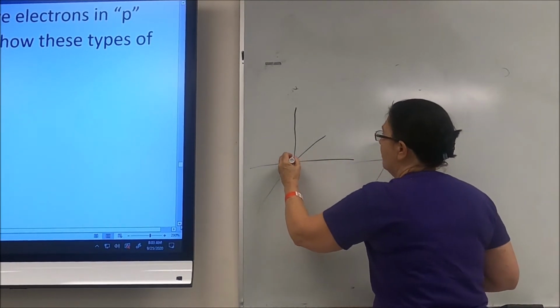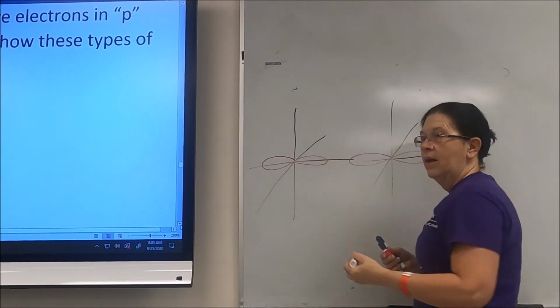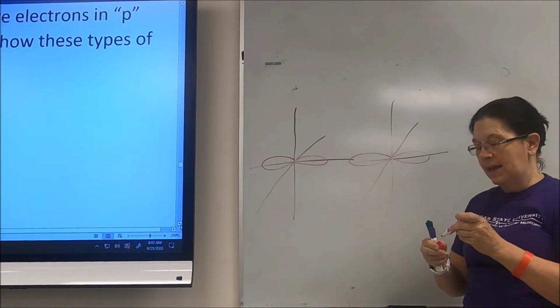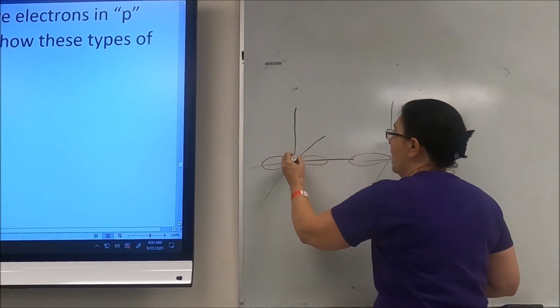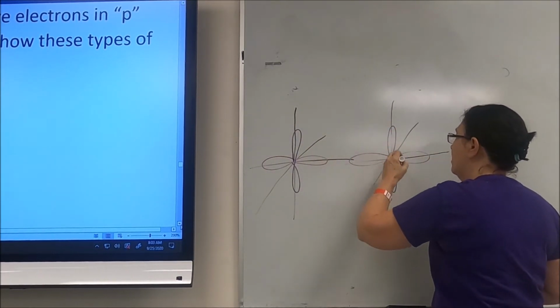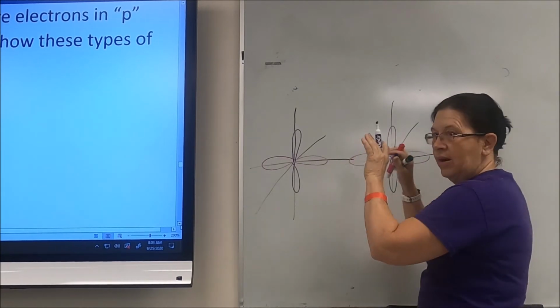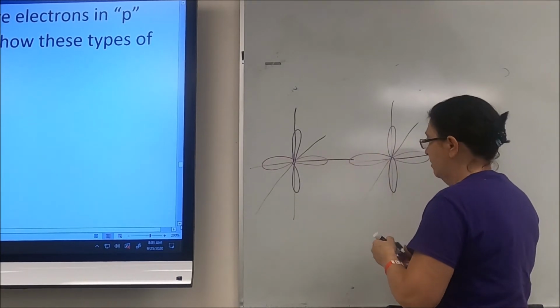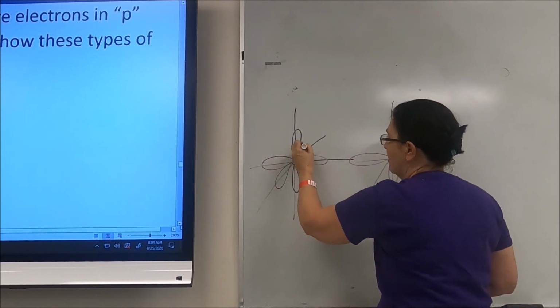Now, they're going to have p orbitals along the x-axis. They're coming at each other end to end. We've got p orbitals sitting along the y-axis. They're kind of sitting side by side. The z-axis is the same way.